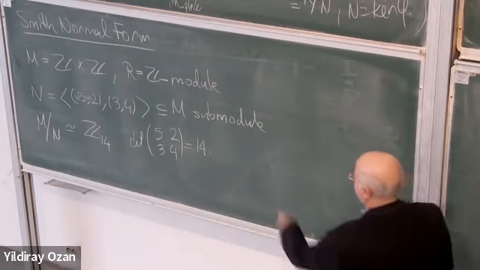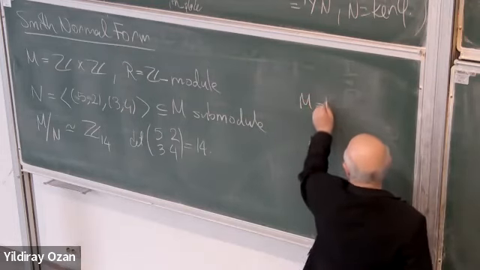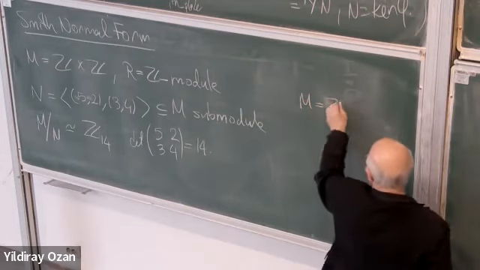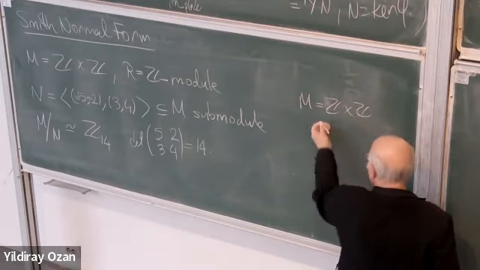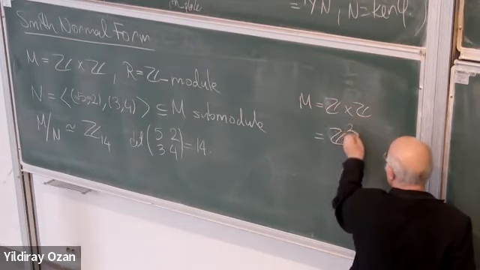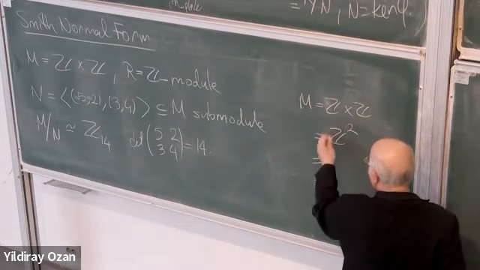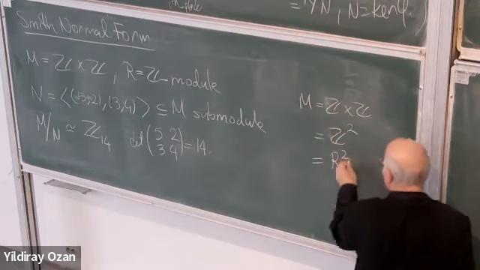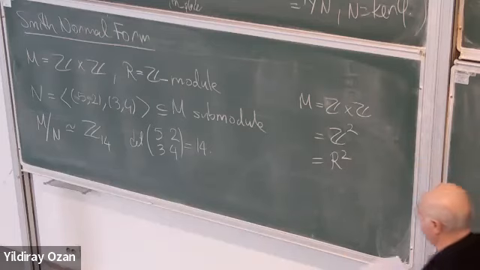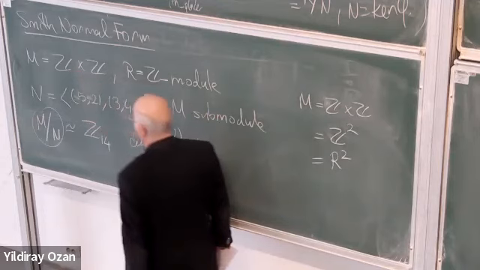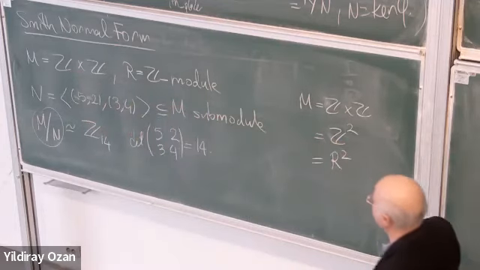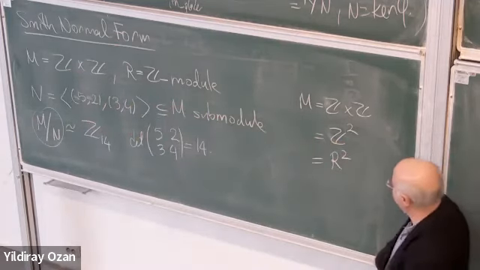So what we have is the following gadget. Here R^n is just Z plus Z, Z times Z, so this is just Z squared, or if I just take this arc, this is R squared, and we would like to understand R^n over K. K is a submodule. Okay, so that's our situation.